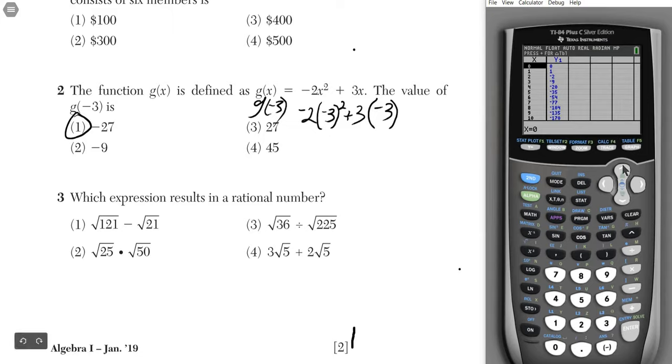Oh, because I'm looking for -3. Okay, right. So when x is -3, I'm going to get -27 right there.